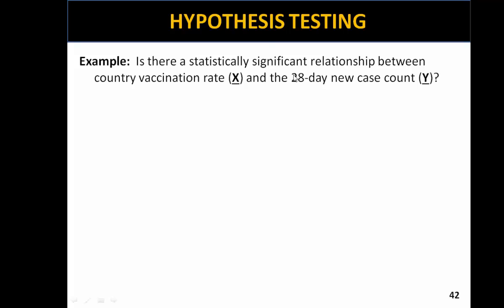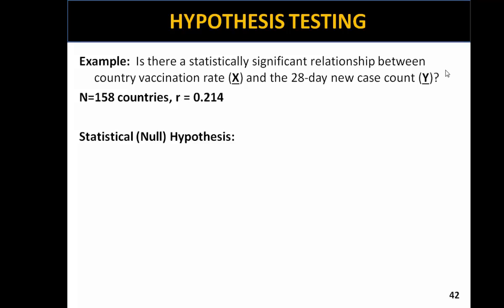And so in our example here, we're asking the question, is there a statistically significant relationship between a country's vaccination rate and the 28-day new case count, so X and Y. So we're kind of going back to our basic symbols here. So we have 158 countries, and we calculated, or rather the computer calculated, the PPMC to be 0.214.